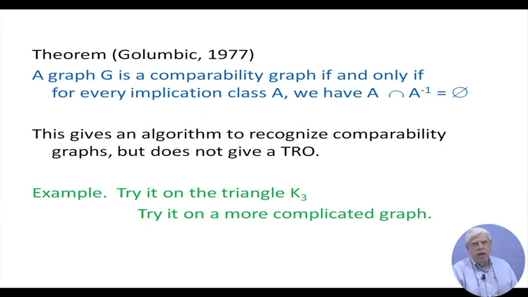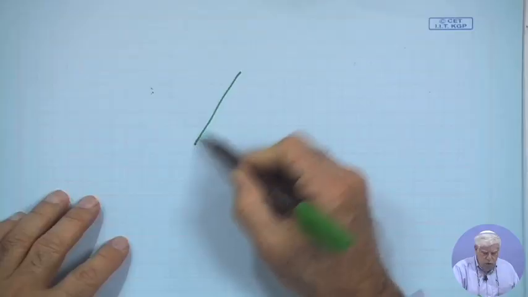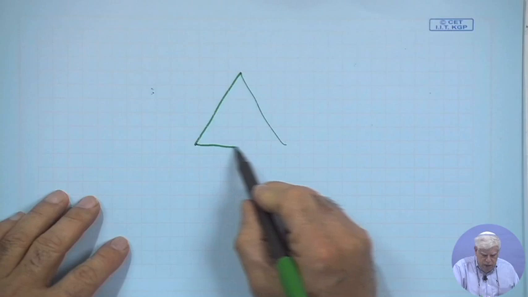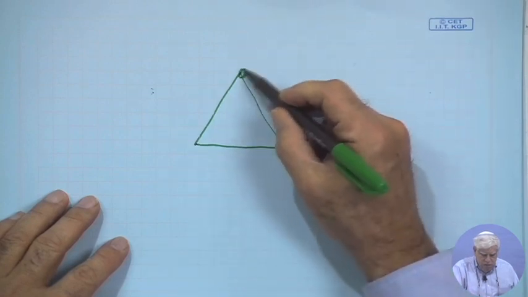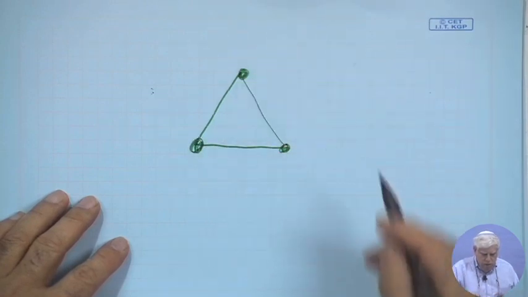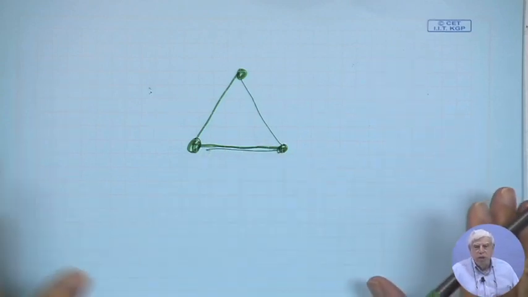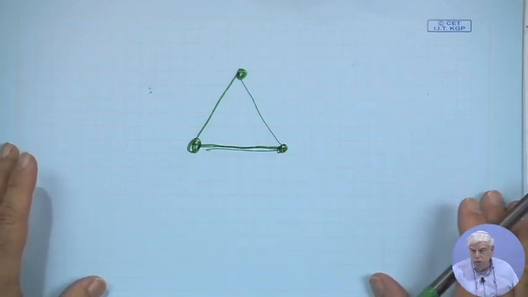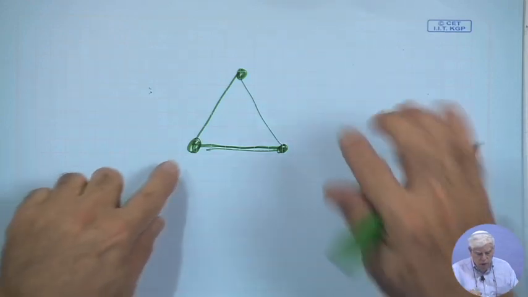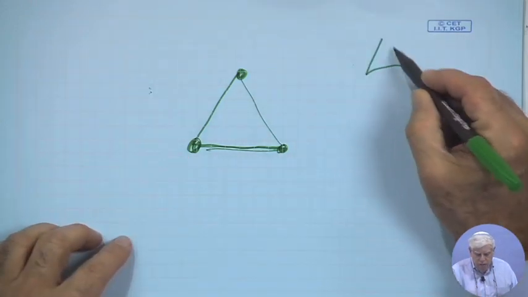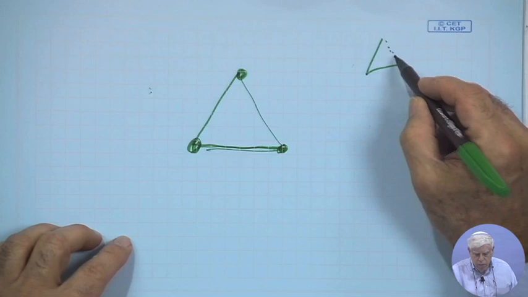Let's look at an example by trying this on a triangle. Let me draw a triangle. This is about the simplest. Is there anything forced here? The answer is no, because you don't have this configuration where you have a V with a missing edge.